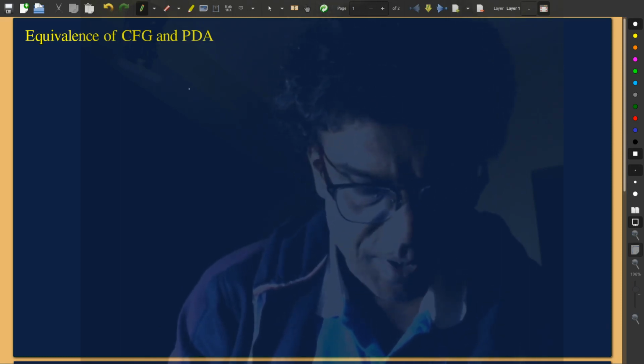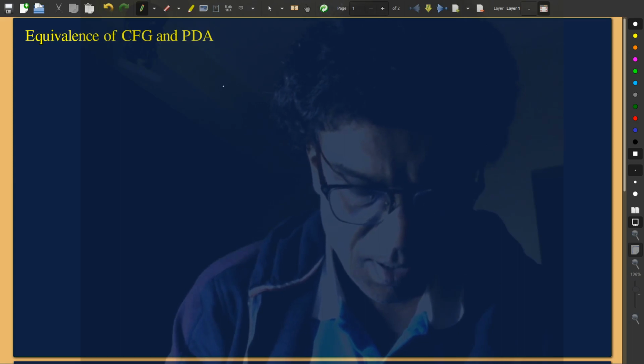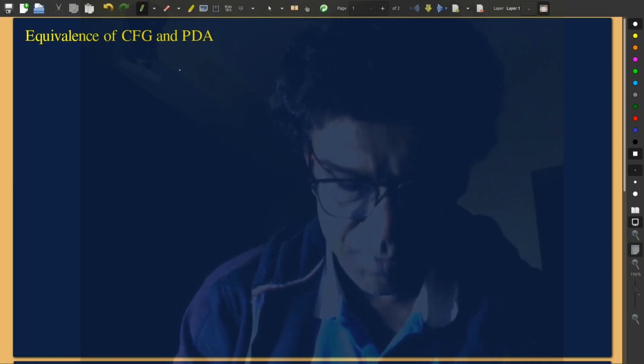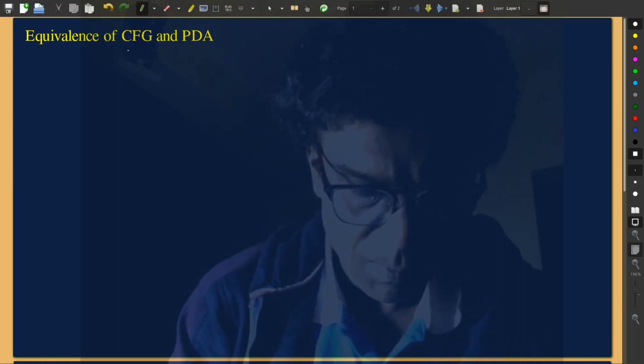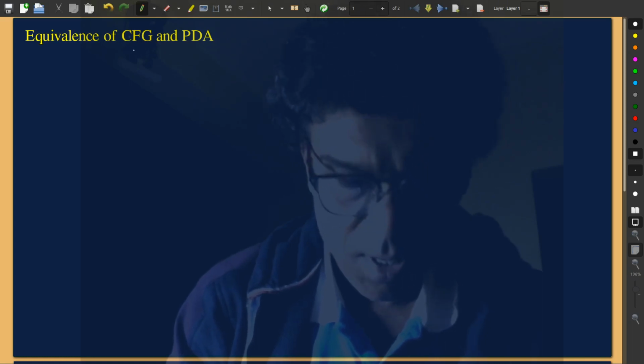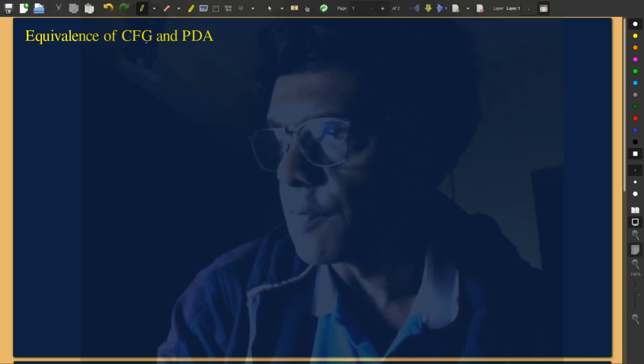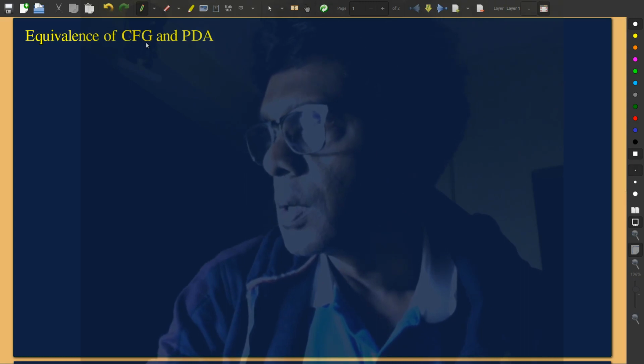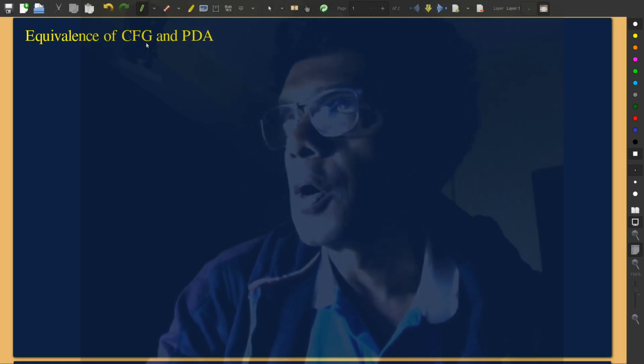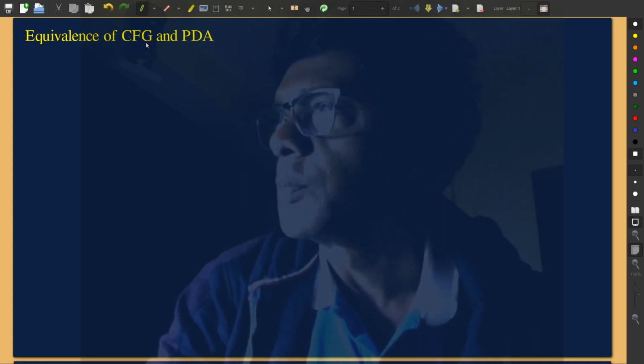So far we have seen two different paradigms of defining languages, one by context-free grammars, and we have defined context-free languages in terms of context-free grammars.